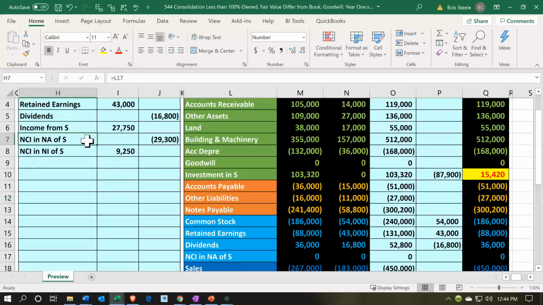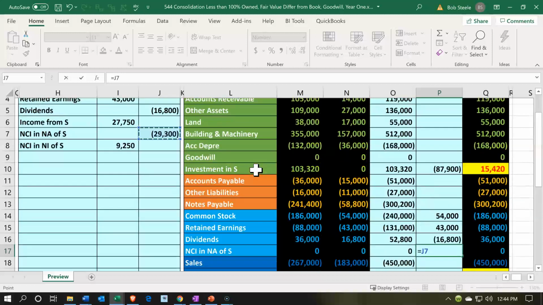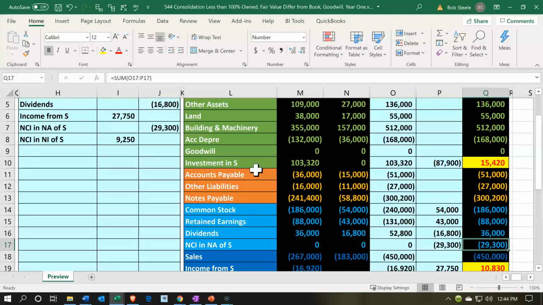And then we're going to account for our non-controlling interests in both the balance sheet and income statement accounts. So the non-controlling interest balance sheet down here, this is the new thing, of course, and P17 is going to be equal to, this is what we have to do to be in balance, because what we're doing is adjusting the entire thing, but then only accounting for our portion with regards to the investment in S and the income, and therefore the other side is going to be in the non-controlling interest to balance this thing out.